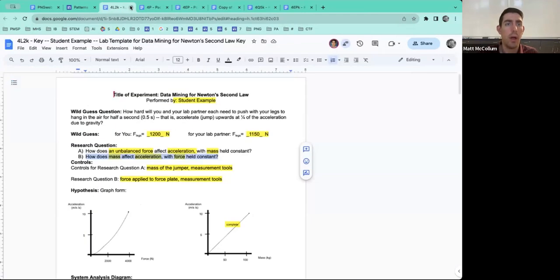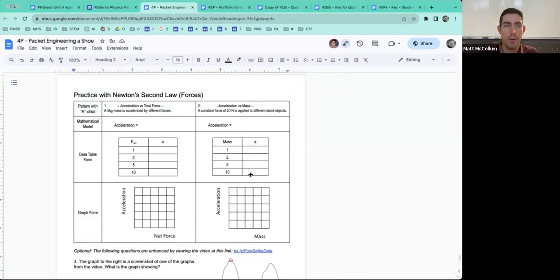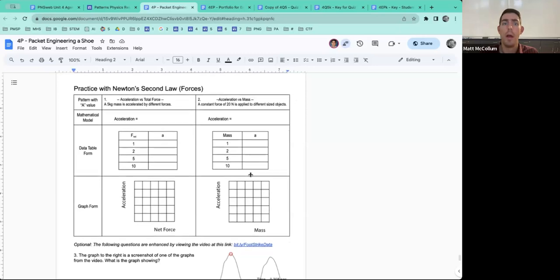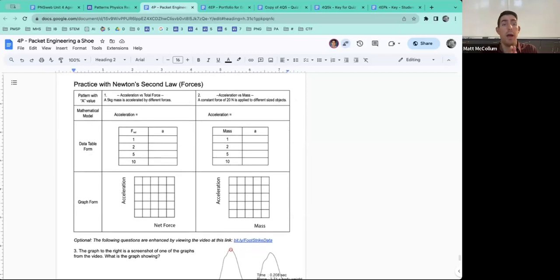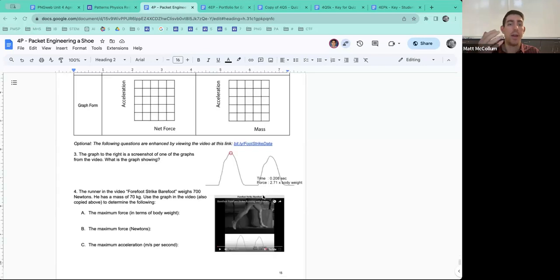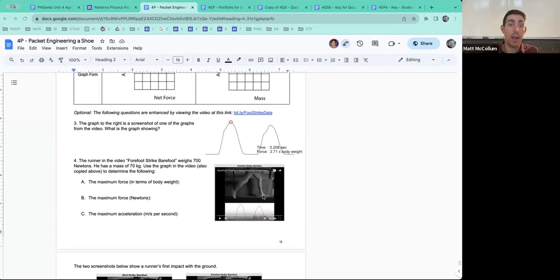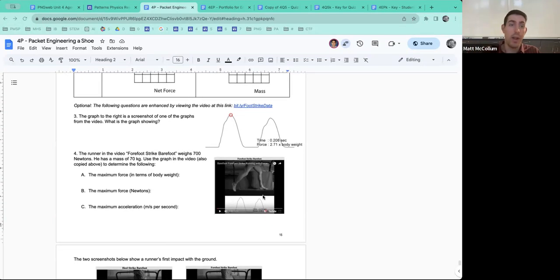So if you could click on 4P there, Bradford. When looking at Newton's second law, first, if you scroll down, we are looking at mass and acceleration, net force and acceleration, and we want to apply this back to that same idea, that foot strike.